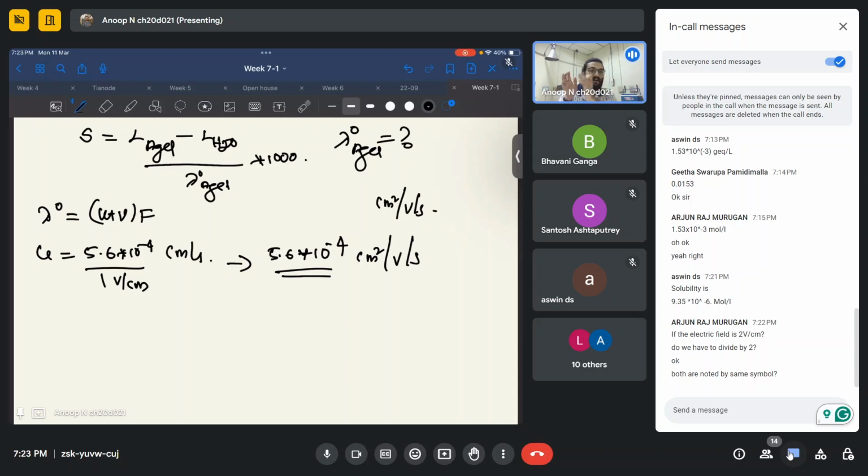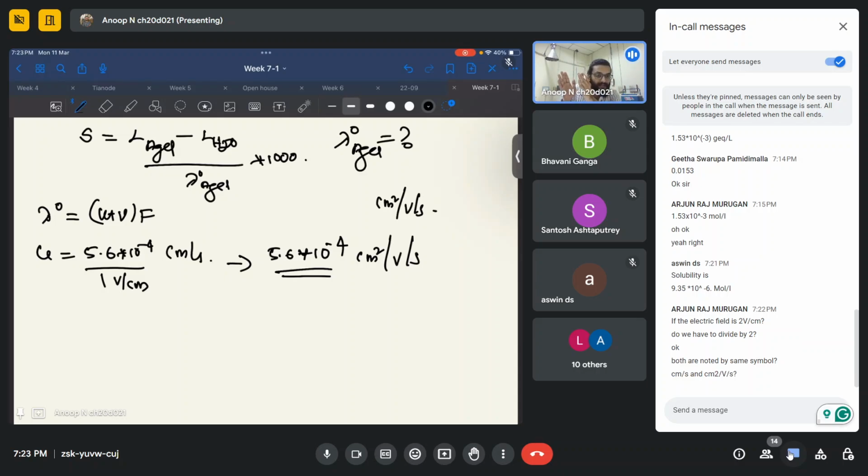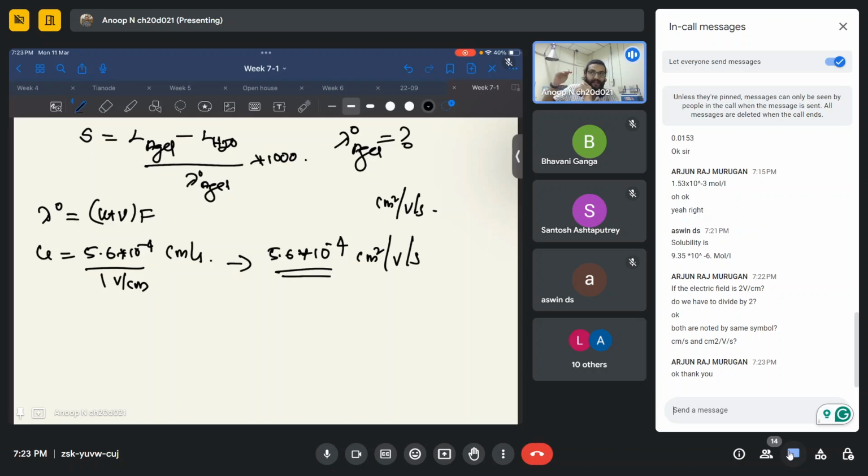For that we have considered current I. The unit of ionic mobility is centimeters squared per volt per second. So you can use a different notation, that's fine, but check the unit and do the calculation. So using some derivation we have found out this K constant is equal to F.